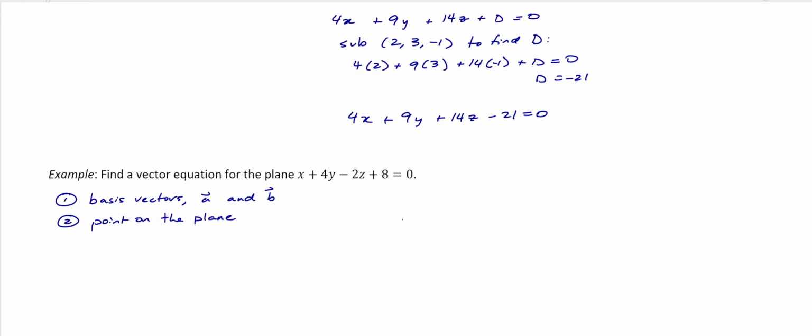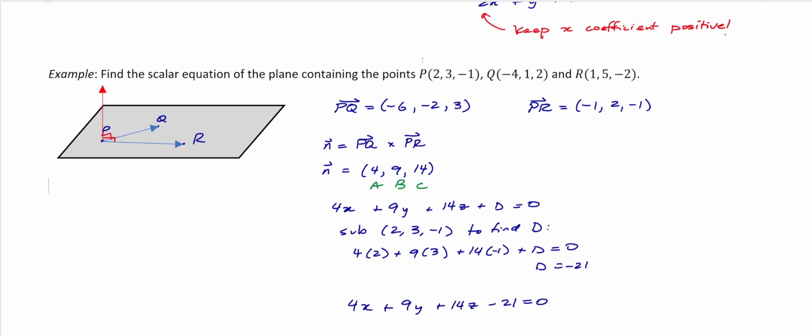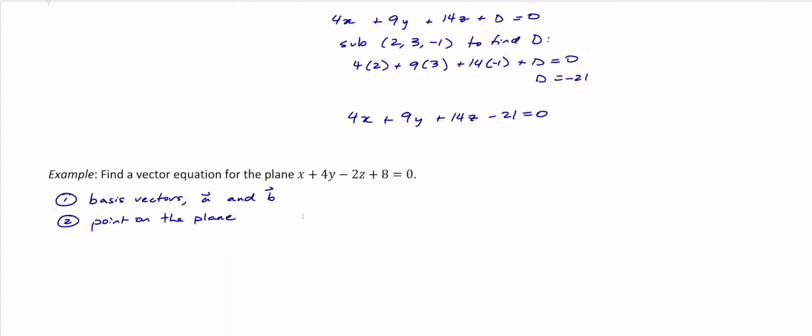Okay, so here is what I'm going to do. If this is my scalar equation of the plane, I can very easily generate points on the plane. And as you can see from the previous question, all I need is 3 points to define a plane. So much in the same way you need 2 points to define a line, you need 3 points to define a plane. Okay, so how can we easily generate 3 points?